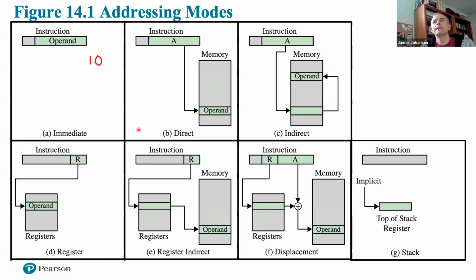So we have another one here where we have a direct. What we're doing here is there's information that is in the instruction. Anybody have a guess what this grayed out field might mean? Do you remember the general format of what a command is?